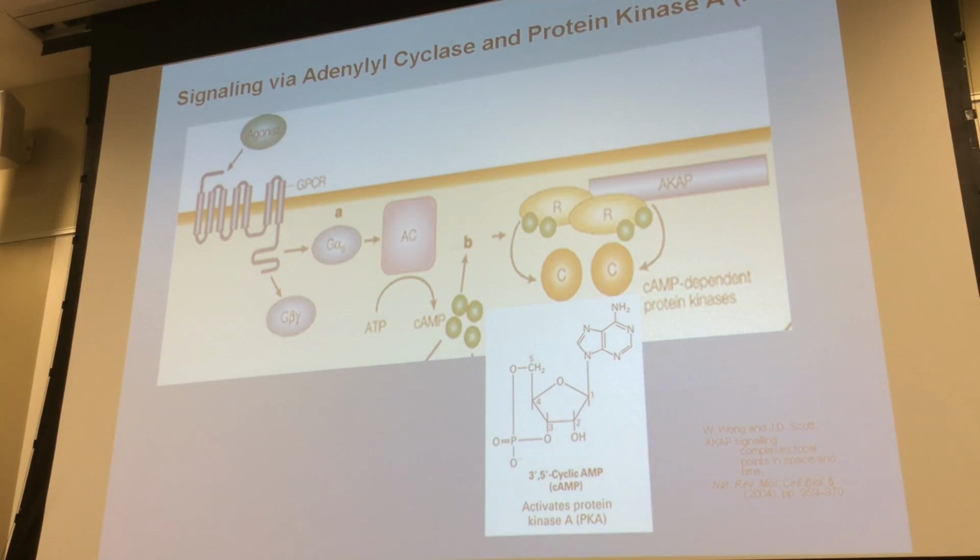So when we talk about diffusion, we can keep our cyclic AMP fairly close simply by having a scaffolding protein like the ACAPs. So many ACAPs are now being found to actually bind to an adenylyl cyclase or find a way to be close to an adenylyl cyclase.